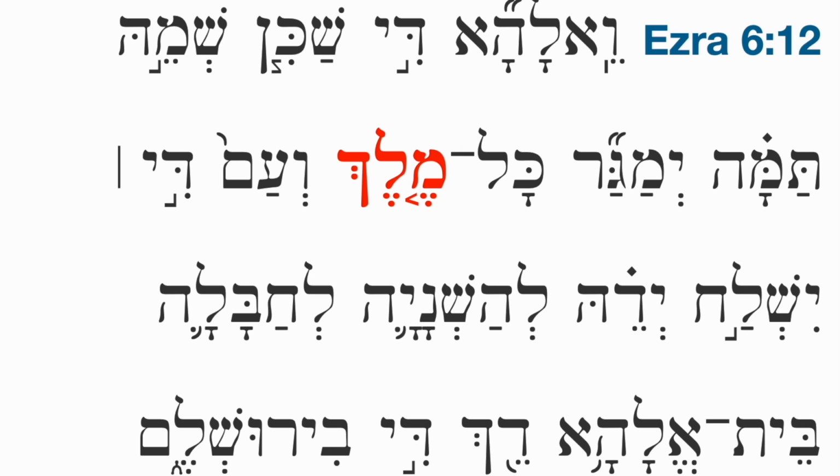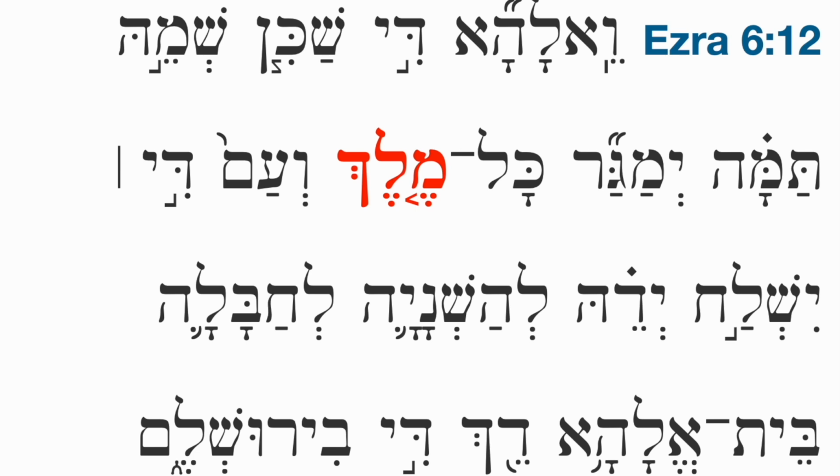And reading from the beginning of the verse, we have Velaha di shakkin shmeh tamah yegammar kol melech, which means may the God, we're not going to translate the vav here as and, may the God who, shakkin, this is a pa'el suffix conjugation, may the God who caused to dwell, related to the word Shekinah, may the God who caused to dwell his name, shmeh.